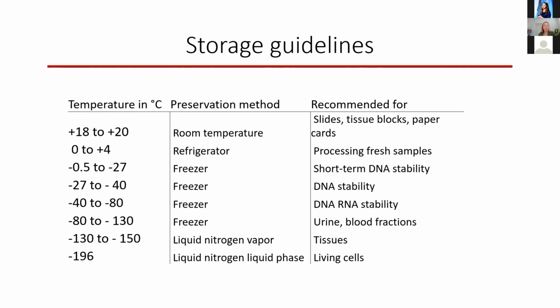Freezer down to -20 is used for short-term DNA stability, whereas freezer up to -40 is for DNA stability. -40 to -80 is recommended for DNA and RNA, and -80 to -130 for urine and blood fractions. Liquid nitrogen vapor with a temperature of -130 to -150 is recommended for tissues, and liquid nitrogen, the liquid phase at -196, is recommended for living cells.